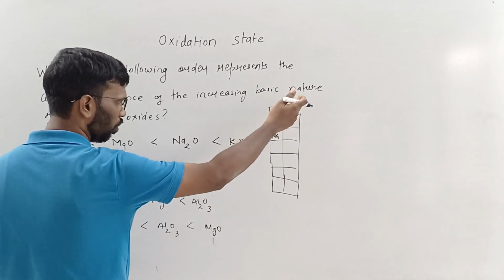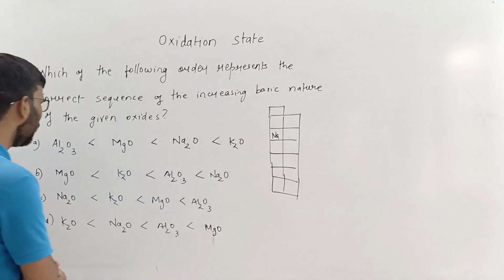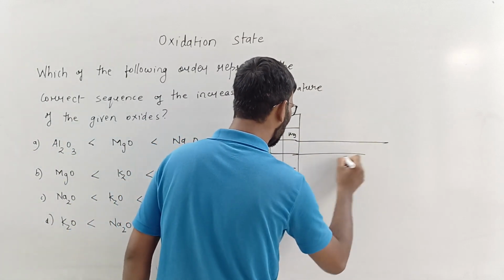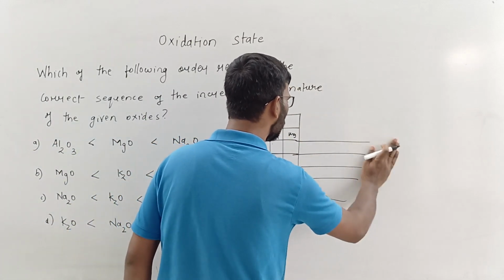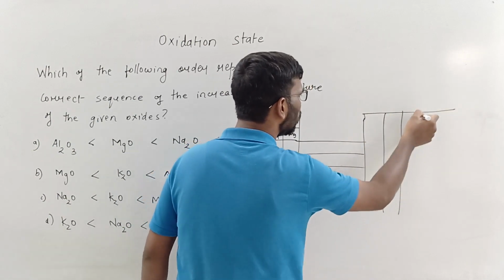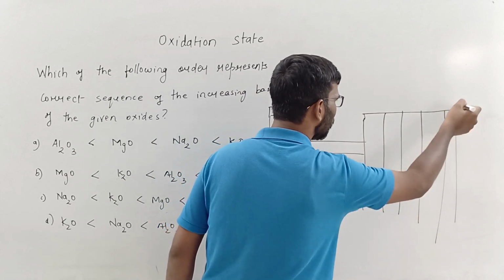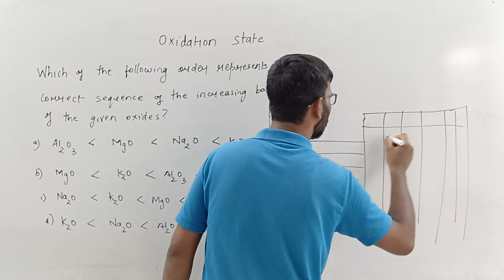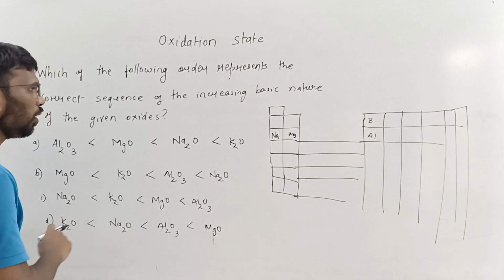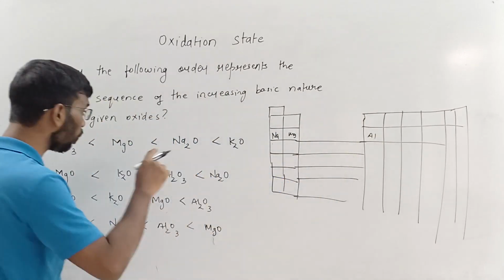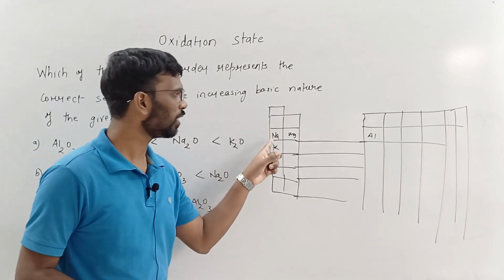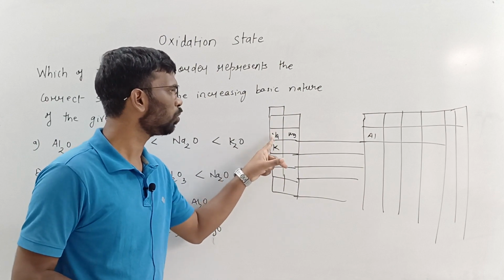Then magnesium is over here, and then there will be a long D block. I'll not write the whole D block, but this will be the P block later, with boron and then aluminum. We want sodium, magnesium and aluminum, and one more, potassium. The position of all these elements is this way: potassium, sodium, magnesium and aluminum.